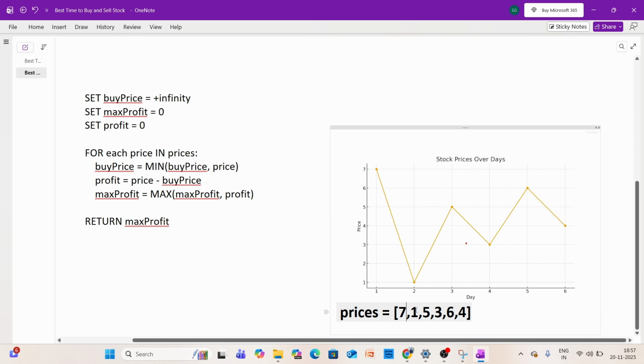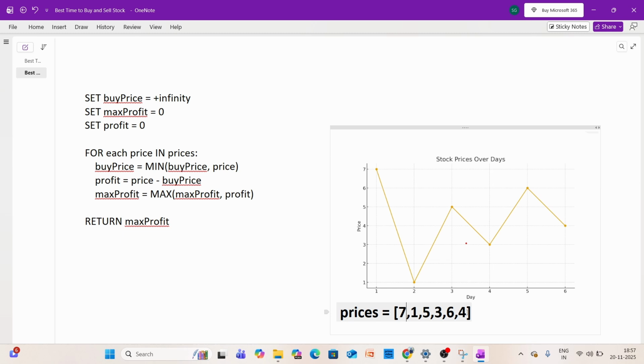Our buy price is going to be the minimum price in the array after which we have any bigger value. Suppose this one was at the last position, then that will not become our buy price, because after that we cannot sell, since we sell on a future day.